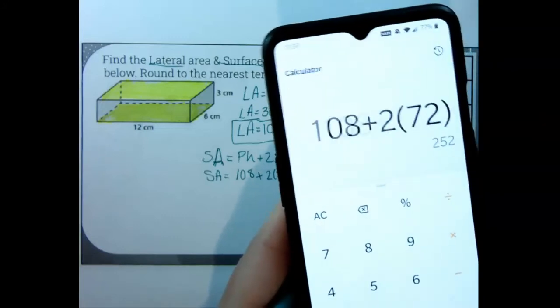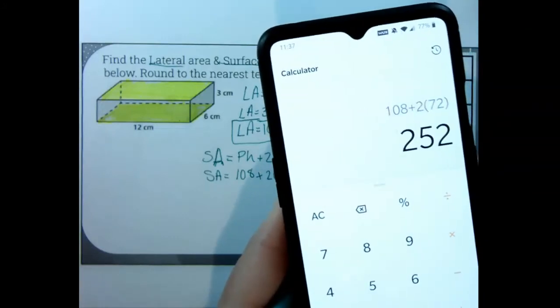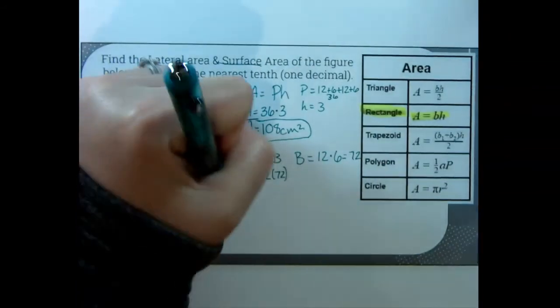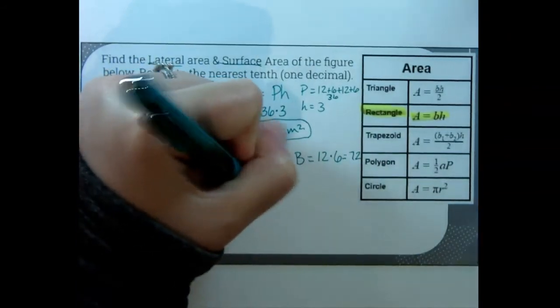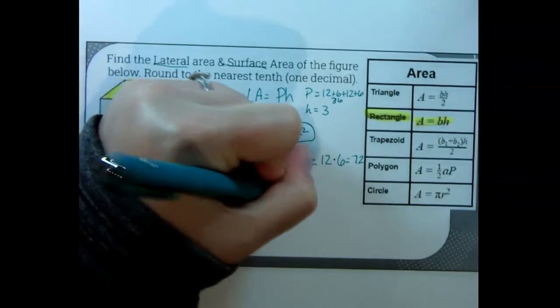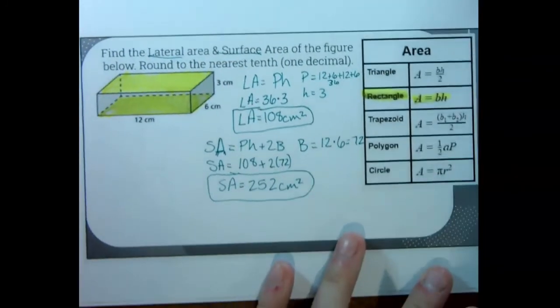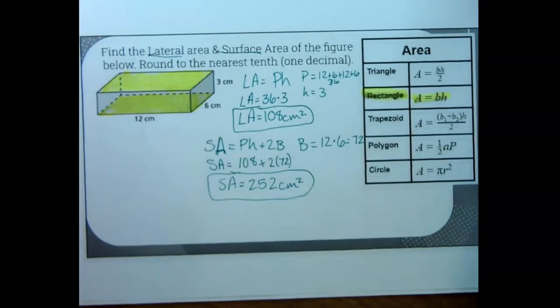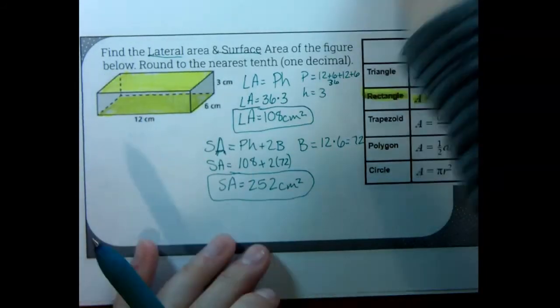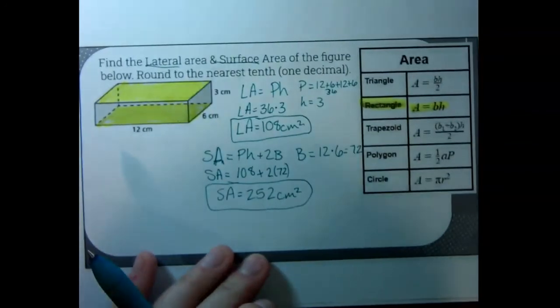Now we get 252 for my total surface area. Centimeters squared. Okay. Awesome. Surface area equals 252 centimeters squared. And we have the lateral area and the surface area both. All right, let's move on to the next question.